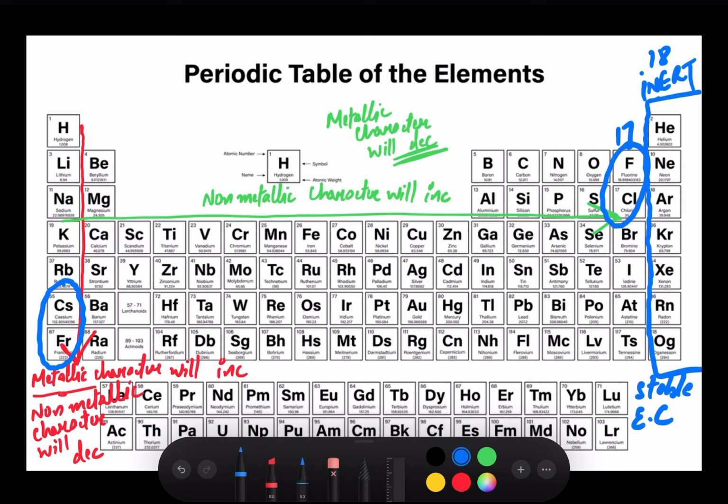So they are inert, they have no tendency to gain electron, they have no tendency to lose electron, they will not form cation and they will also not form anion. So group number 18 is a properly inert elements group, so we are not going to discuss their trend in any of the properties related to reactivity, that is metallic character and non-metallic character. These properties are related to the reactivity of the elements.